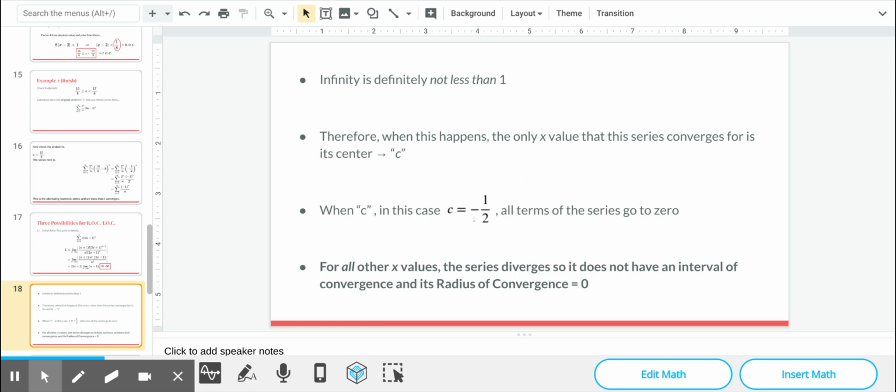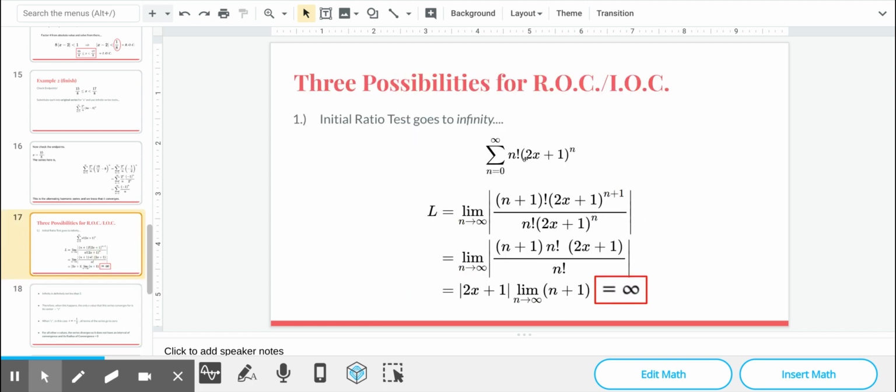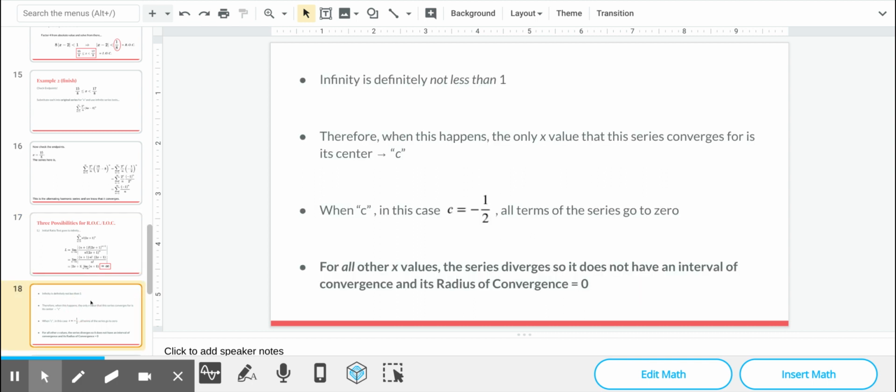Well, when I plug in the center value, negative 1/2, into this infinite series, so 2 times negative 1/2 plus 1, this goes to 0, which means every term goes to 0. And so that's a convergent number, 0, right? And so the infinite sum of just 0 itself is always going to be 0, which converges. And so this only works when x is equal to its center value, or in this case, negative 1/2.